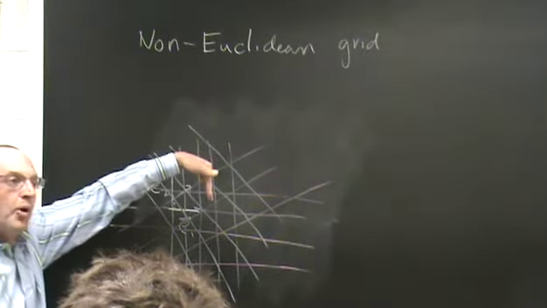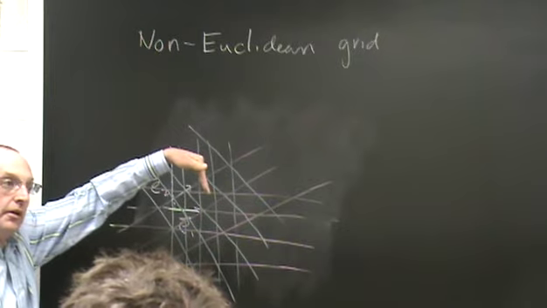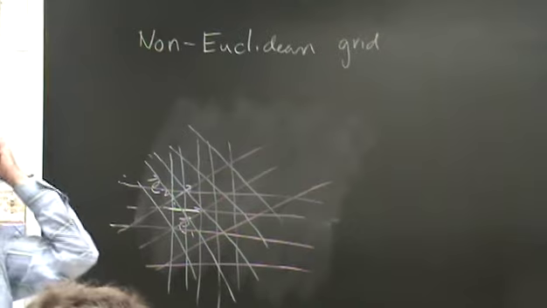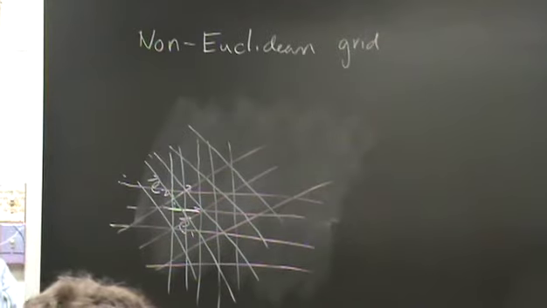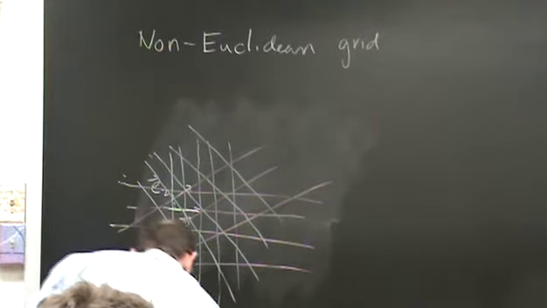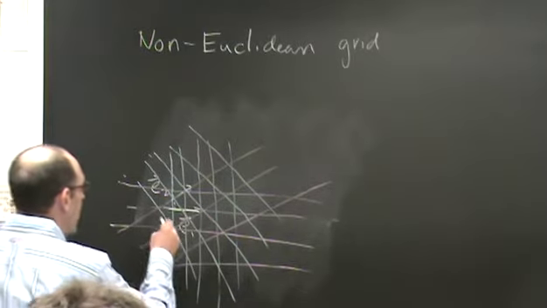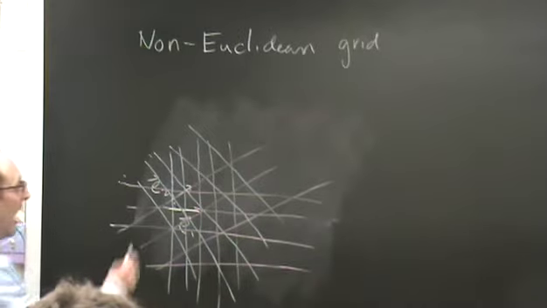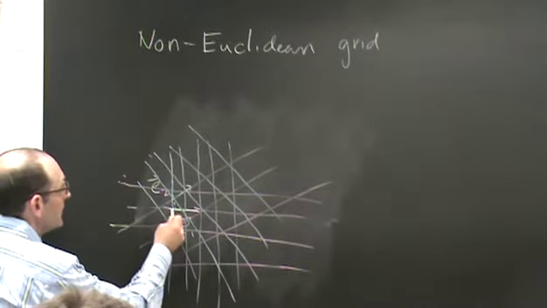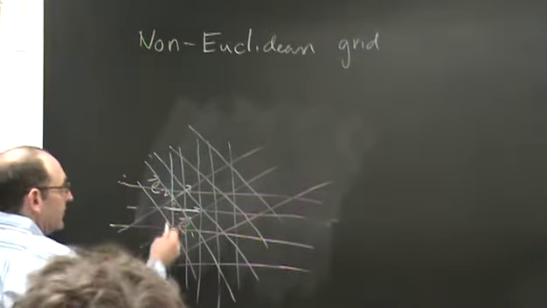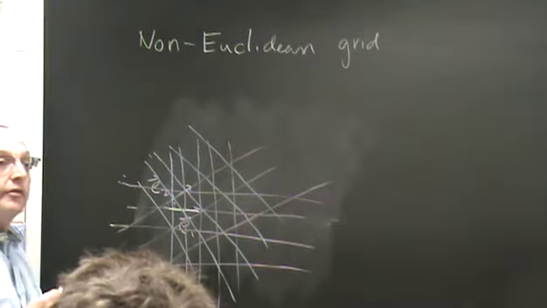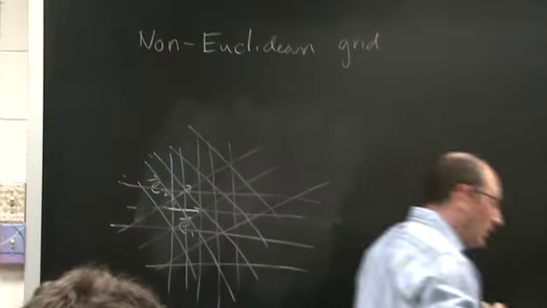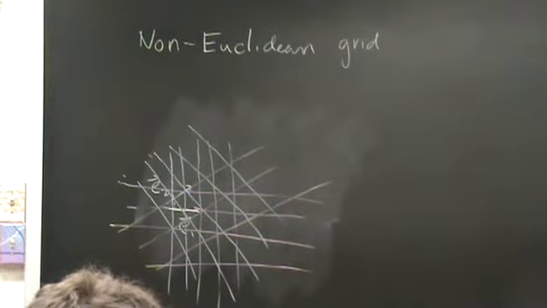The pink are perpendicular to the blue, but the pink are not perpendicular to one another, and the blue are not perpendicular to one another. We have a vector which tells us how to get from one blue curve to another blue curve, and we have a vector which tells us how to displace along a blue curve, or displace along a pink curve. Okay?